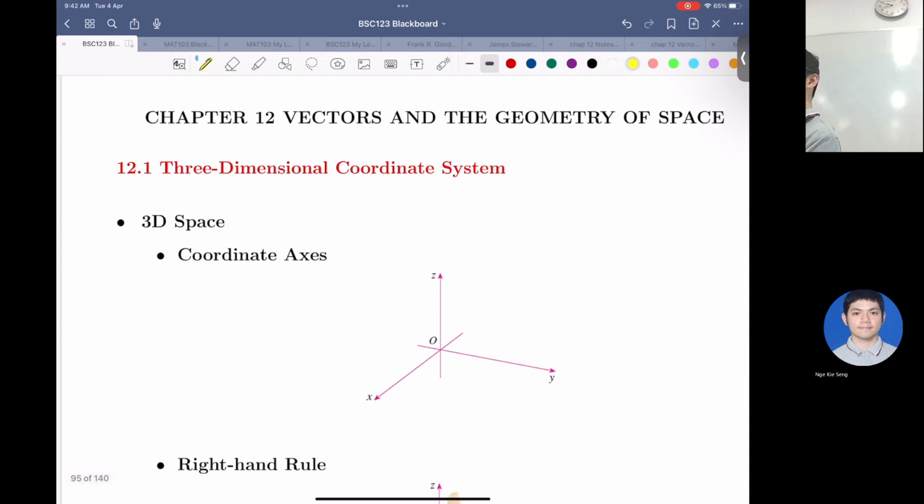By the way, do you know what dimension we live in now? The latest is 4 dimensions, where the fourth dimension is time.